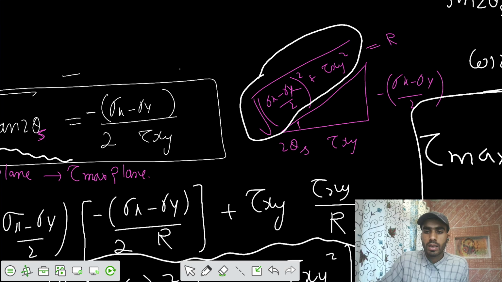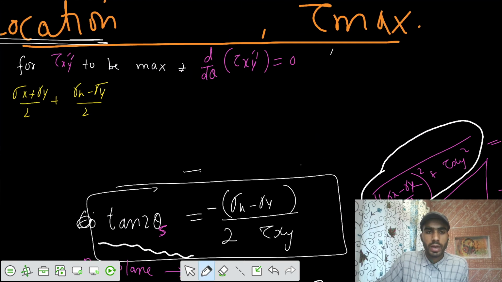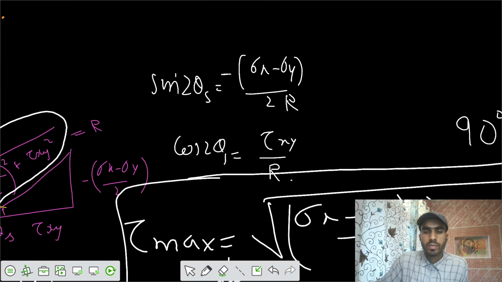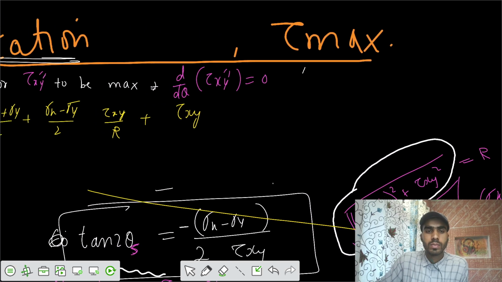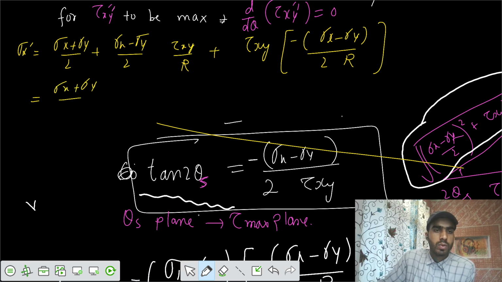Here from the triangle, cos 2 theta is tau xy by R. Then plus tau xy sine 2 theta, and sine 2 theta is minus times (sigma x minus sigma y) by 2 into R, which is our tau max.